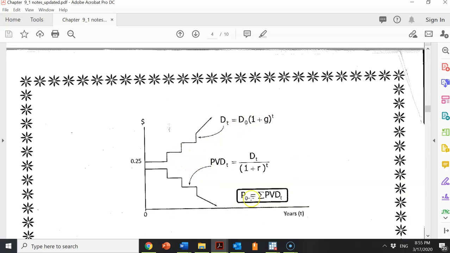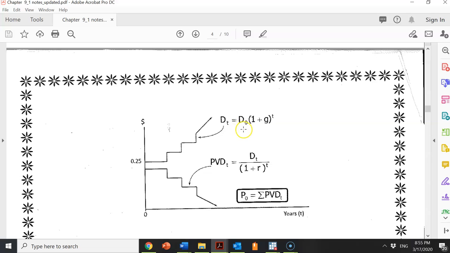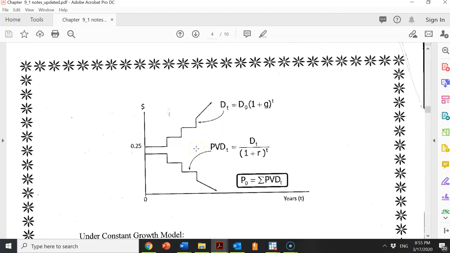If we look at this graph here, we know Dt, the dividend at any time t, equals D0 multiplied by (1 plus g) to the power of t, because we assume that dividends are growing at a constant rate g. The dividend in the first period could be 0.25, and for periods D1, D2, it is growing constantly.